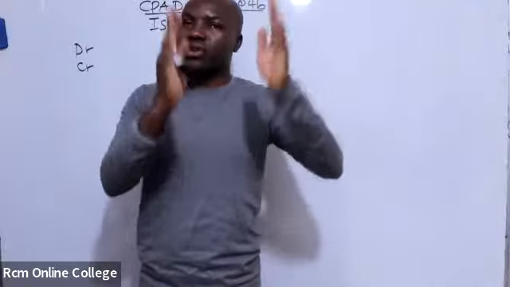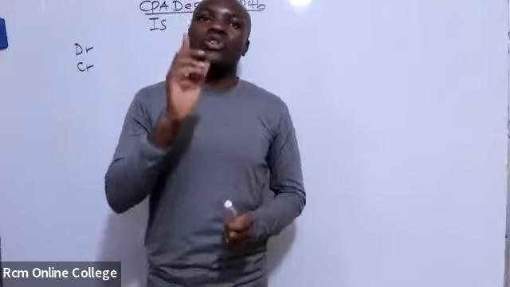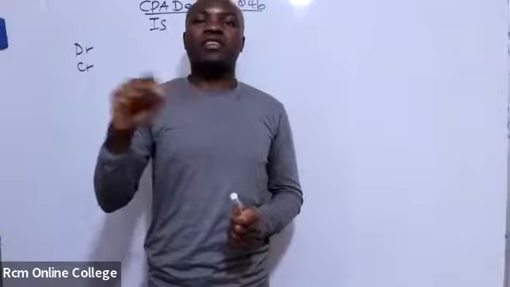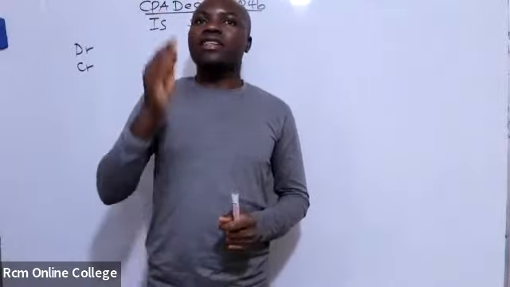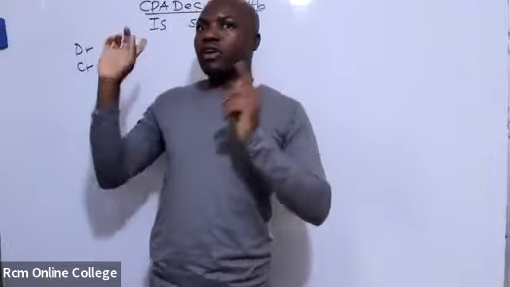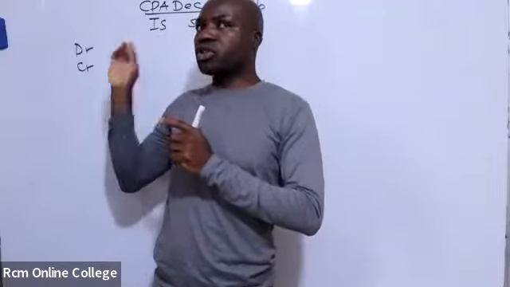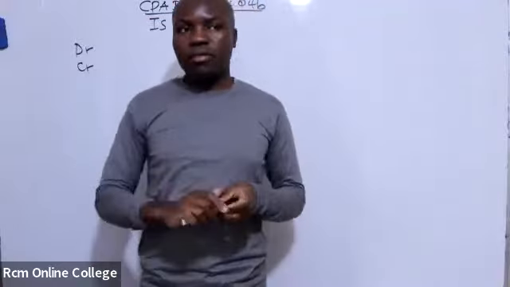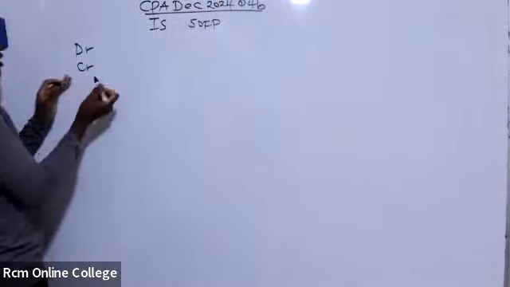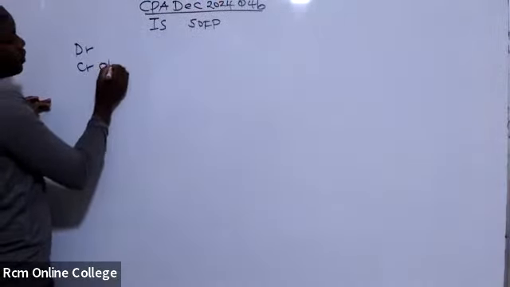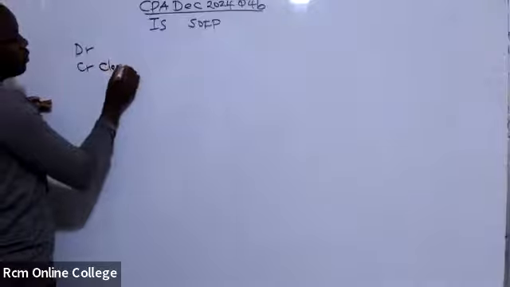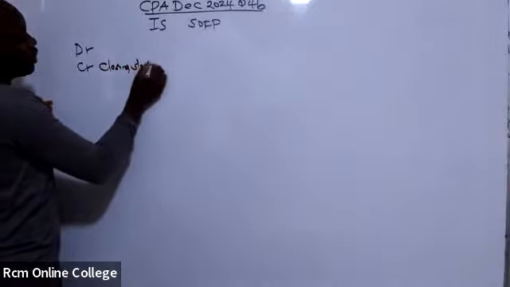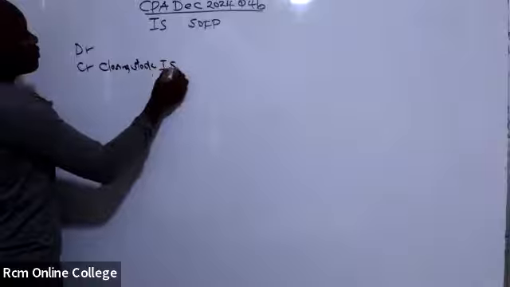So when you less closing stock on the debit side, we can also do something to effect the same. Instead of writing less closing stock, if you want to follow the journal entries approach, we are going to credit it, right? So we will be crediting closing inventory, closing stock will be credited in the income statement, right?